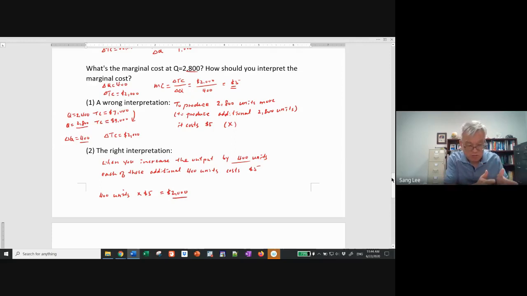When you produce more and more units, how much did the last unit cost? That's the marginal cost. So in this example, we increased the output by 400, and the marginal cost was 5. That means each of those additional 400 units cost you $5. That's the marginal cost, okay?